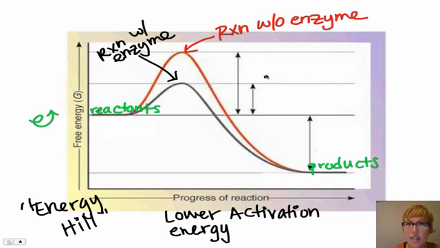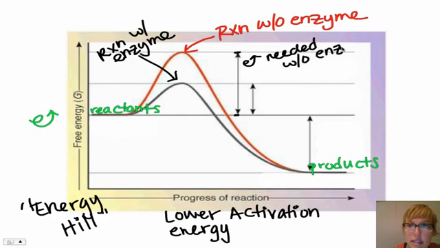So if this right here, from this line to this line, represents the energy needed without an enzyme, and this little distance from here to here, which measures from the top of this hill to the bottom of this hill, is the energy needed with enzyme.